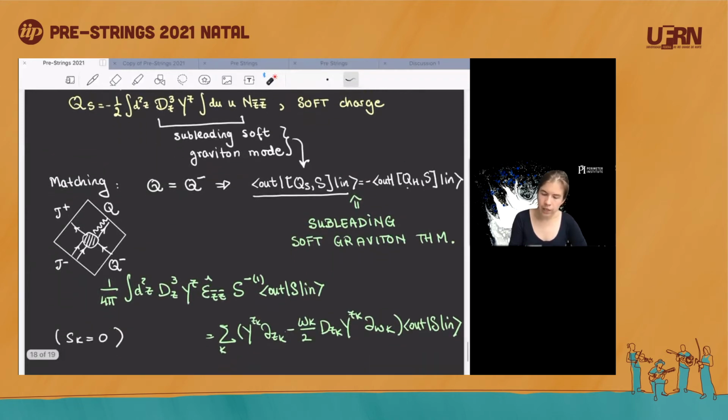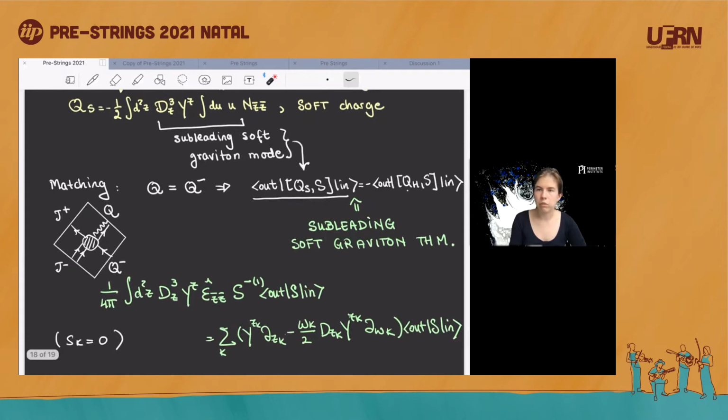Okay, and so the final step in establishing the equivalence between this Virasoro asymptotic symmetry of asymptotically flat spacetimes and subleading soft theorems is to notice that the soft charge is actually the same as a subleading soft graviton.